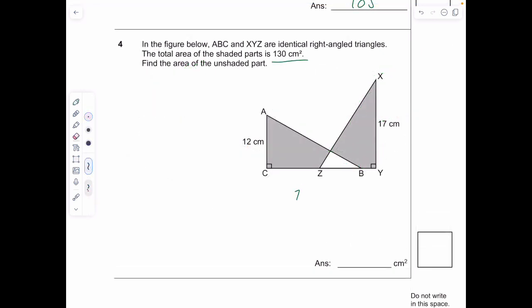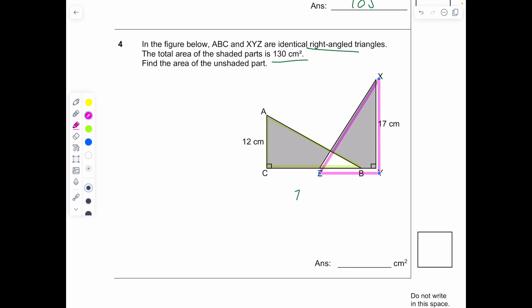For this question, we know that there are two identical right angles. This is one right angle ABC, and another one is your XYZ. These two are exactly the same. They said that the total area of the shaded part is 130.